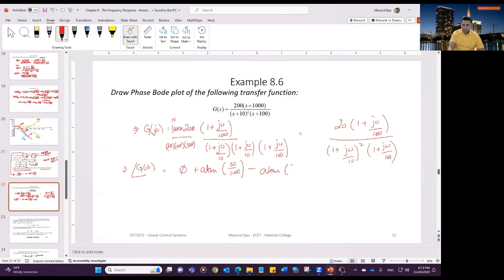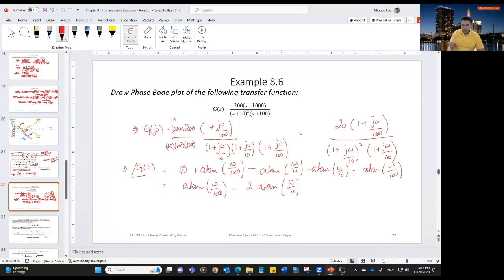Arctan omega over 10, plus arctan omega over 10, and arctan omega over 100. So we have arctan omega over 1000 minus 2 times arctan omega over 10.